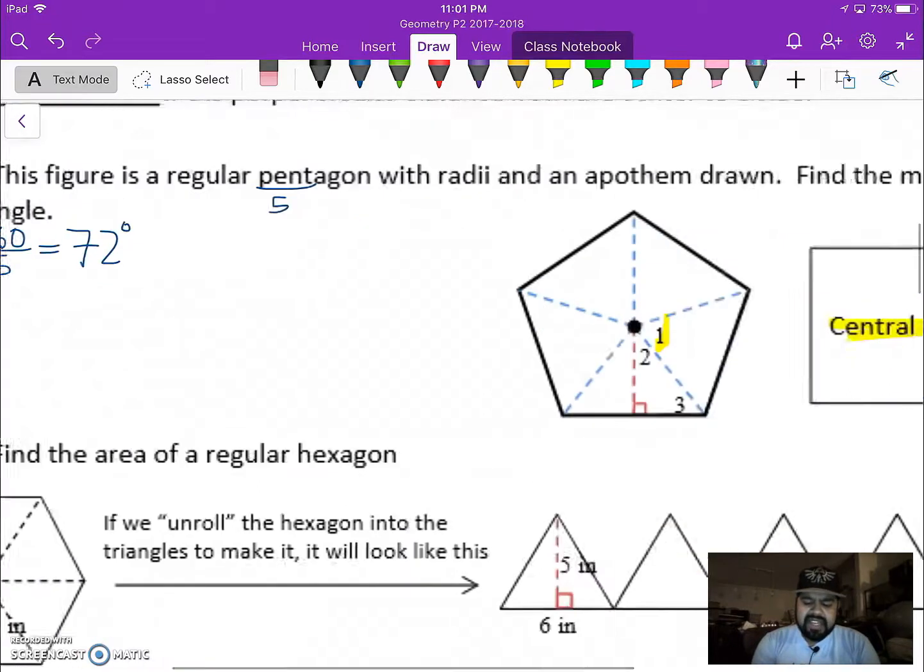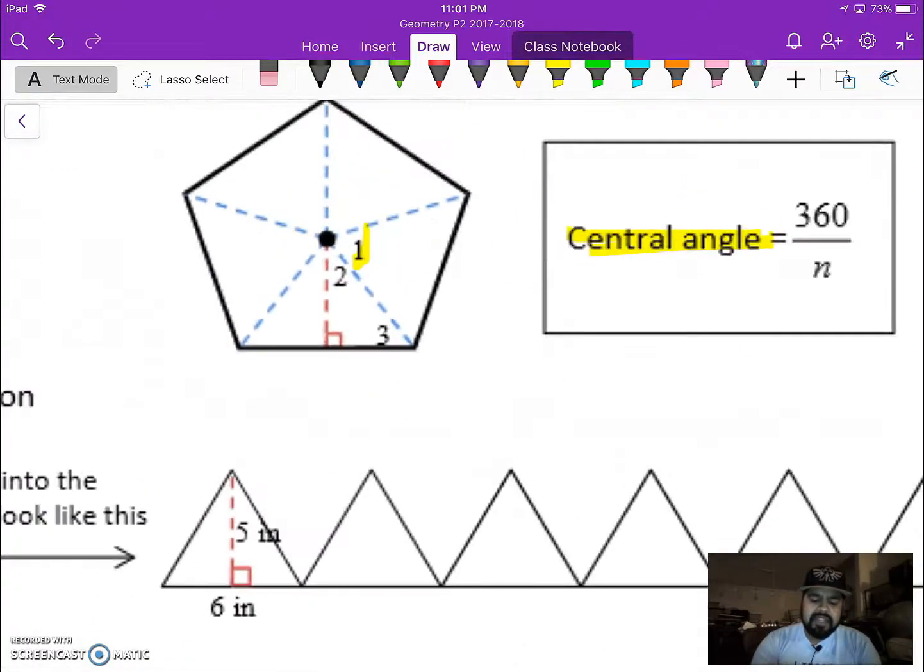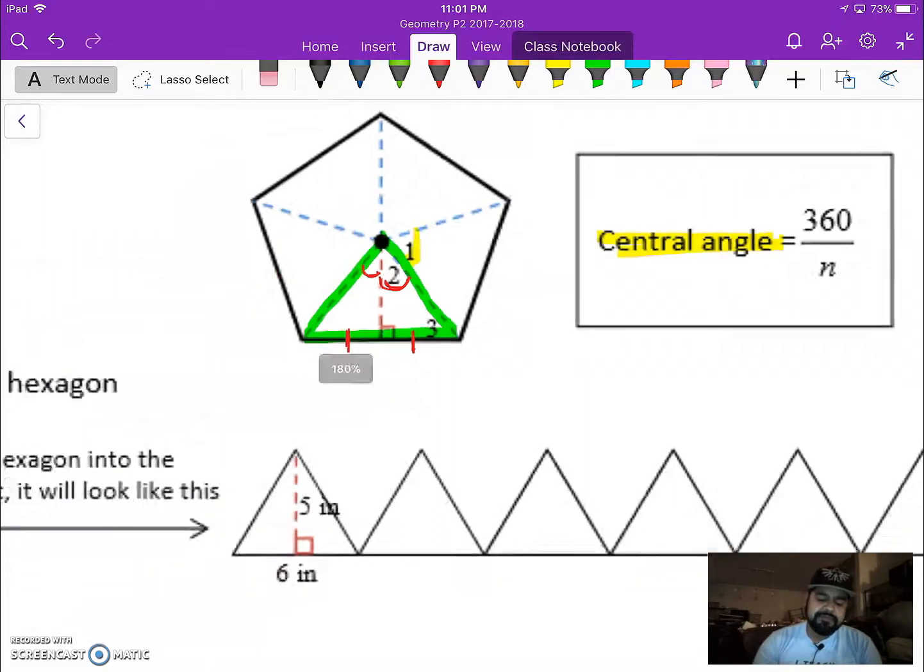Now notice that angle 2 lies nested inside of this triangle here. Remember we said earlier that the apothem, the red dotted line, splits the side into equal parts. Well, coincidentally, it also splits the central angle into two equal parts. We had calculated angle 1 already, which is the same in each of those 5 sectors.